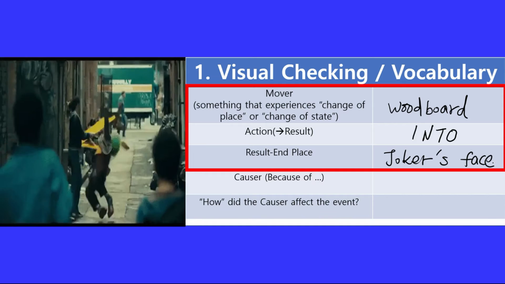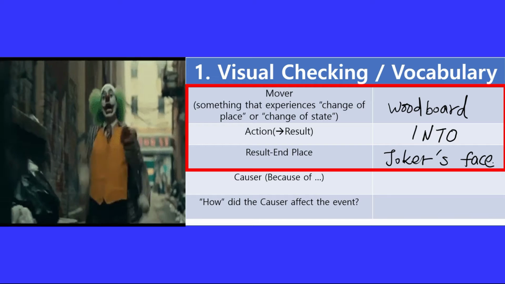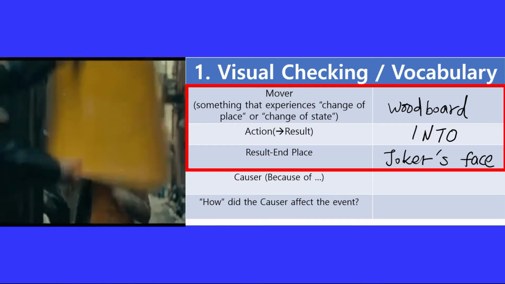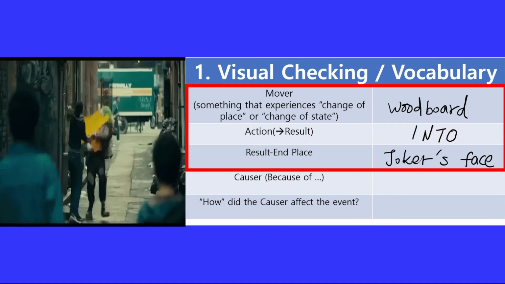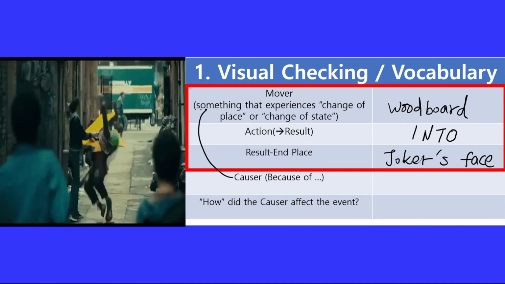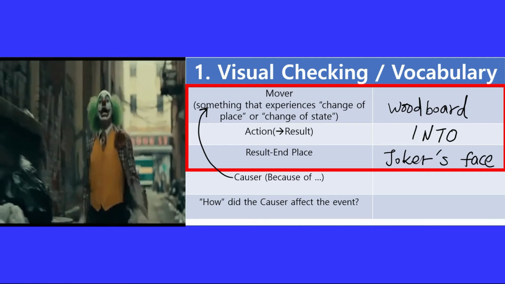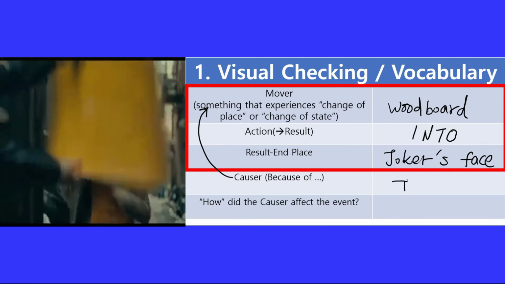And you have to find out why the mover moved. Did it move by itself? No, because of this person with the beanie on, right? So we are going to call him the causer, which caused the mover to move, right? We are going to refer to the causer as he or the man.